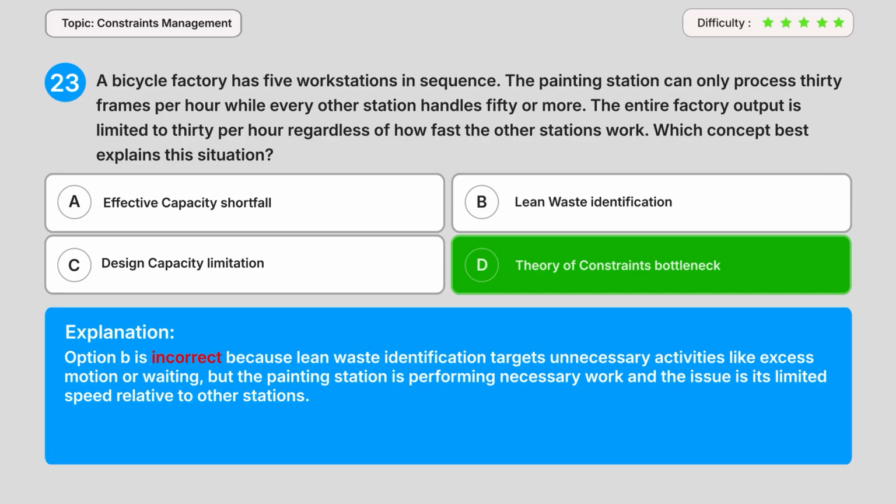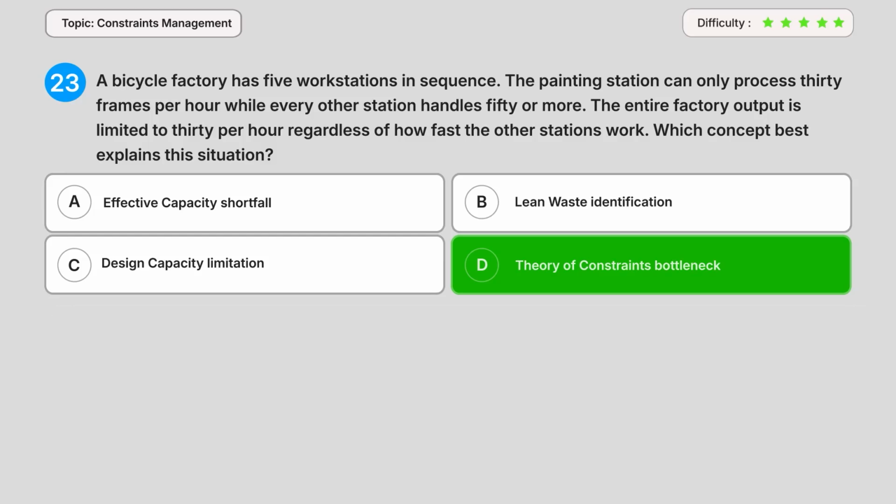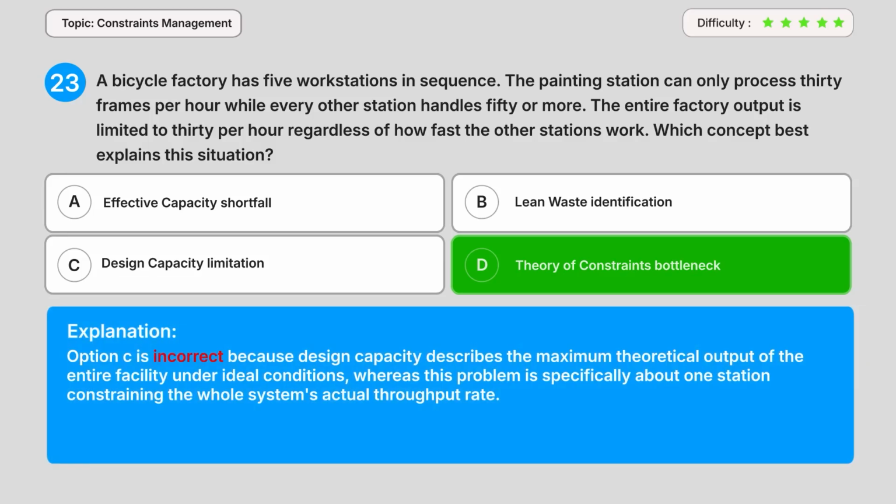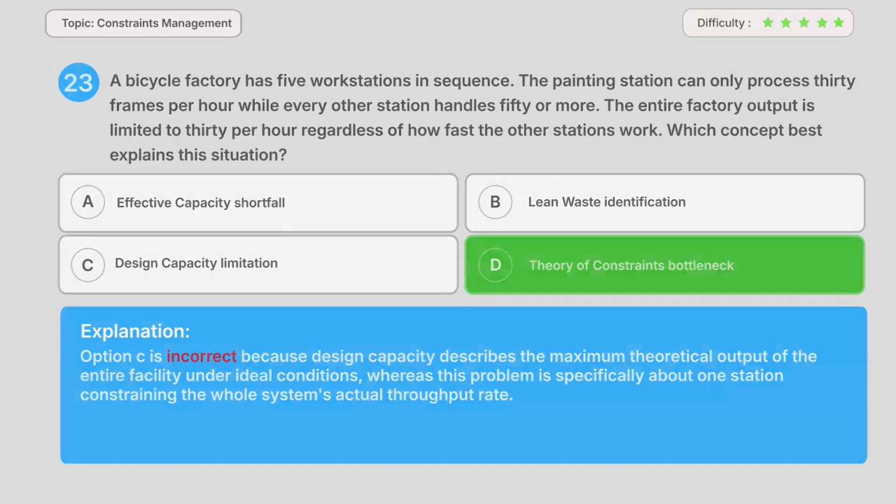But the painting station is performing necessary work, and the issue is its limited speed relative to other stations. Option C is incorrect because design capacity describes the maximum theoretical output of the entire facility under ideal conditions, whereas this problem is specifically about one station constraining the whole system's actual throughput rate.